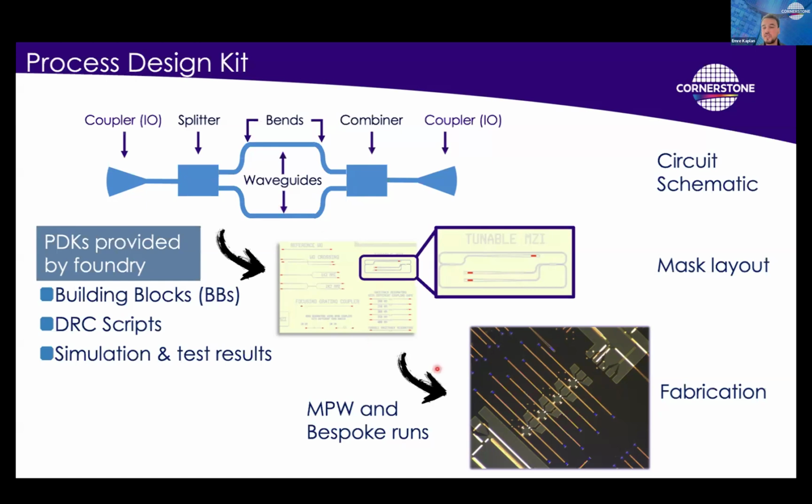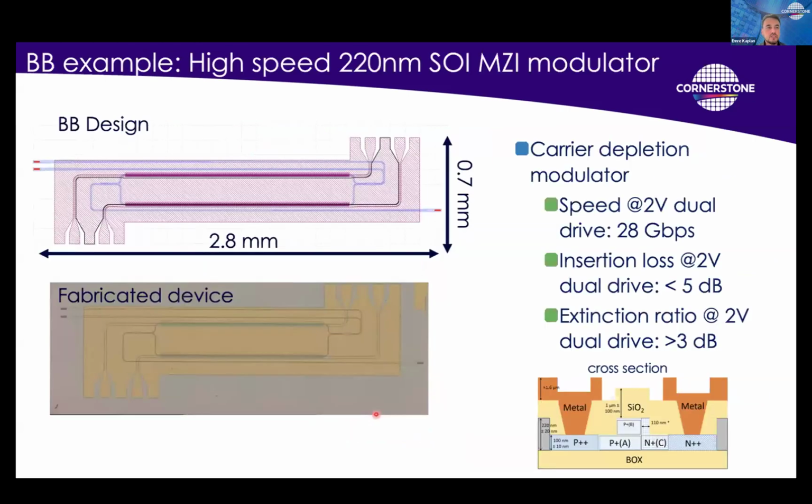And then once your mask layout is ready using some software tools, you get access to the fabrication through MPW or bespoke runs to get your own fabricated chip. Here is an example in the SOI active batch, 220 nanometers.